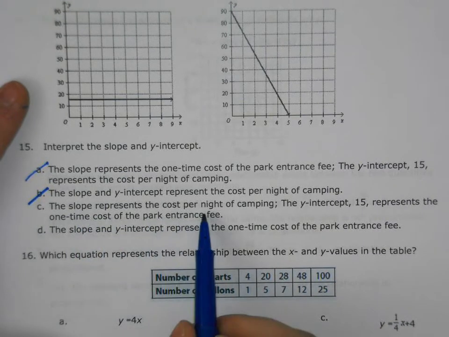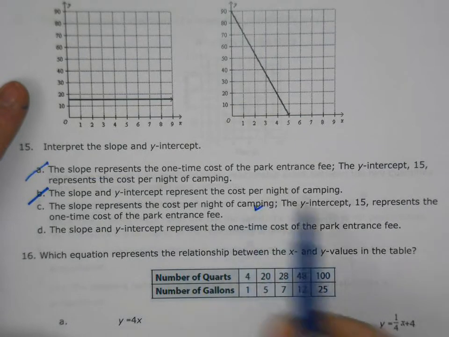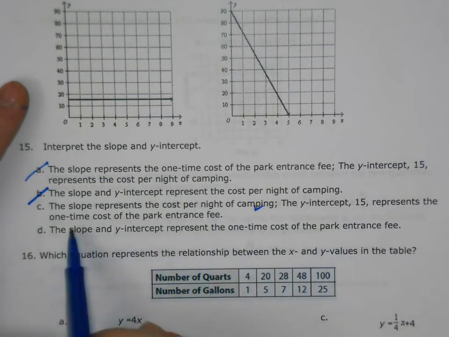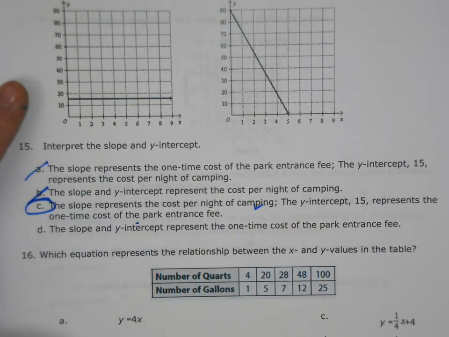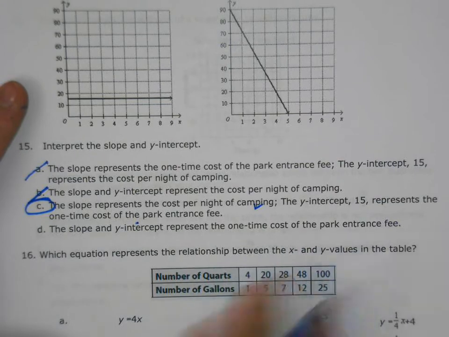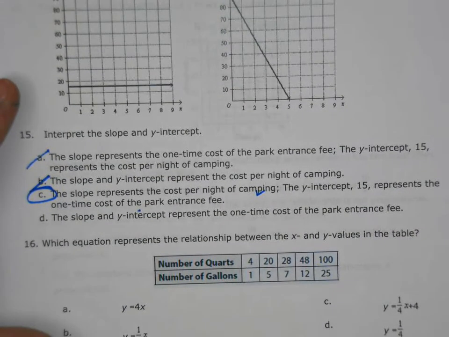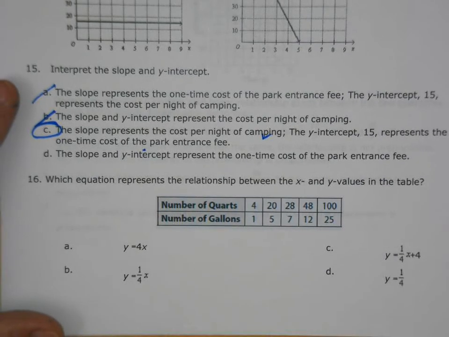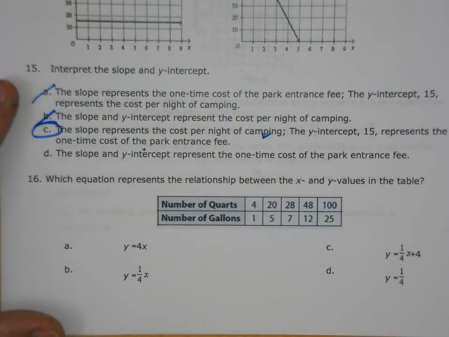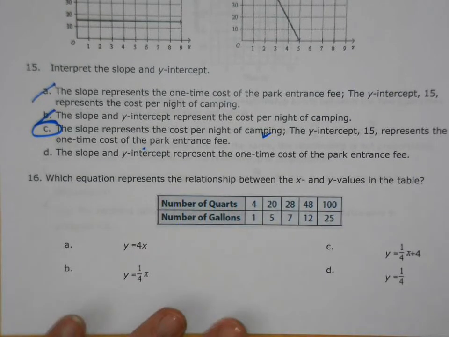The slope and the y-intercept represent the cost per night. Actually, the slope is the cost per night because the slope is the same as your rate of change. So the slope represents the cost per night of camping, true. The y-intercept 15 represents the one-time cost of the park entrance fee. That is correct. And D, the slope and y-intercept represent the one-time cost of the park entrance fee, and they're two different things. Even though they were the same number, they're still two different things.